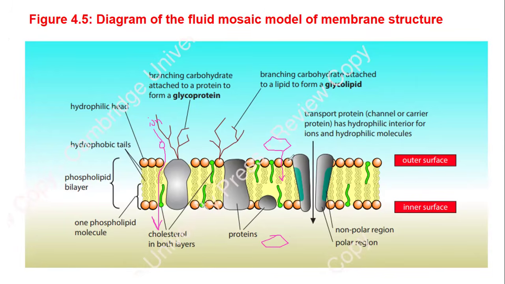So polar molecules will not enter and they will not leave the cell, because the phospholipids act as a barrier against their movements. So that is the other use of a phospholipid in the cell surface membrane.